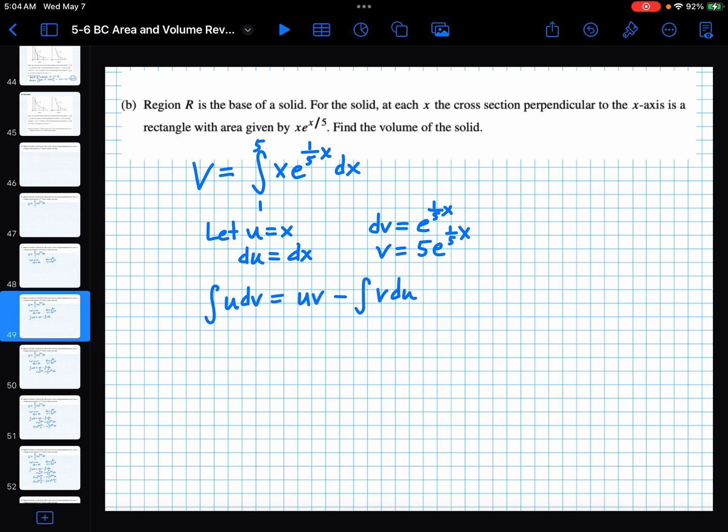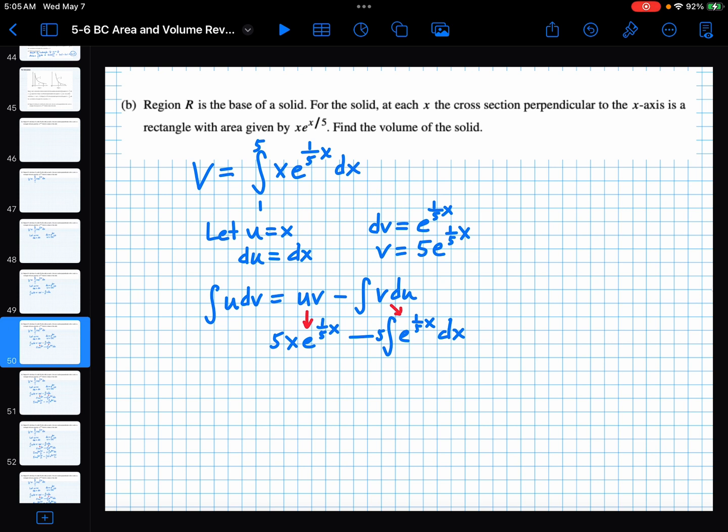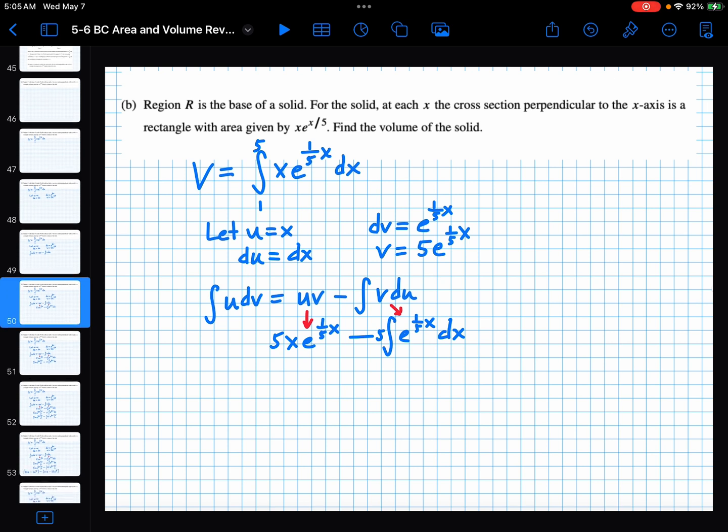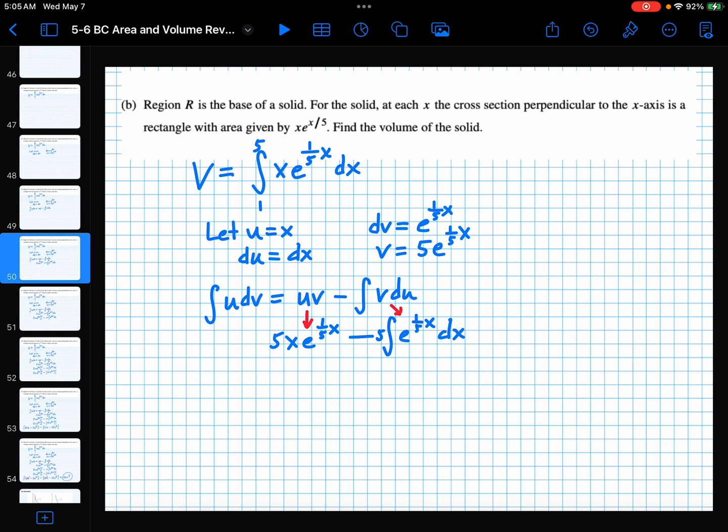Now, when I write my formula out for integration by parts and do my substitutions, uv becomes that first term, and the integral of v du becomes the second integral there, which is a manageable integral. Here's the thing you have to remember when you do integration by parts with a definite integral. That uv part that's no longer in an integral, you still have to evaluate using the fundamental theorem of calculus.